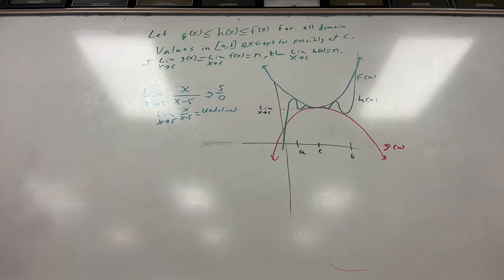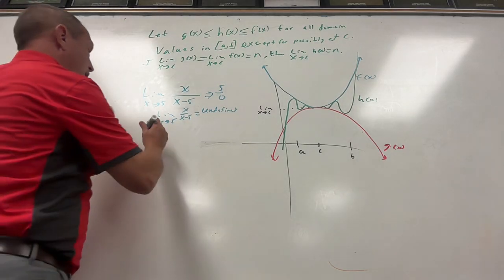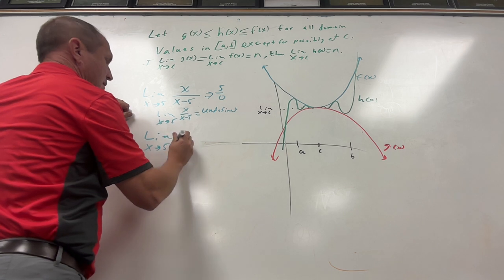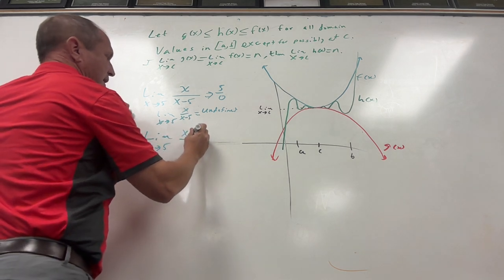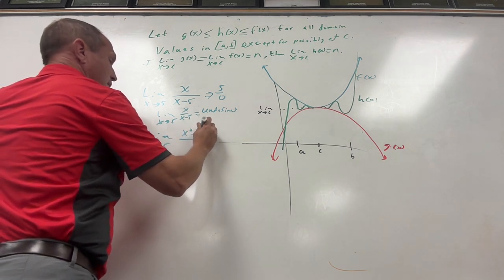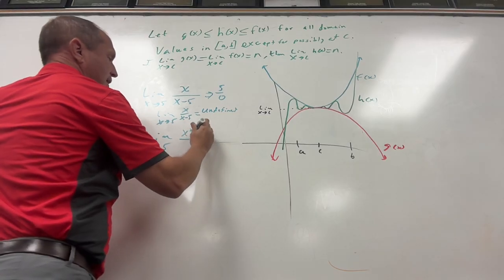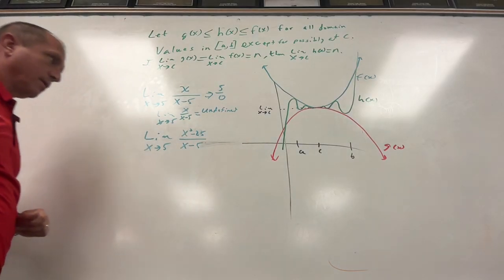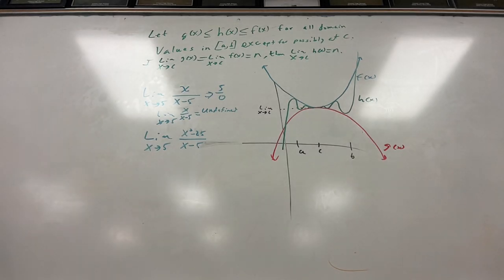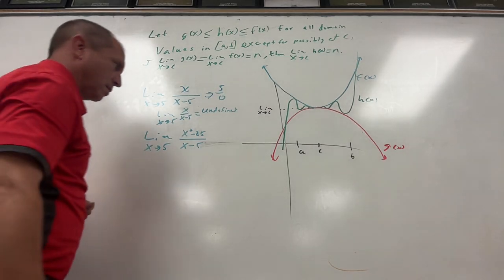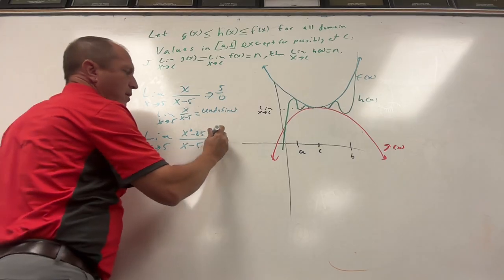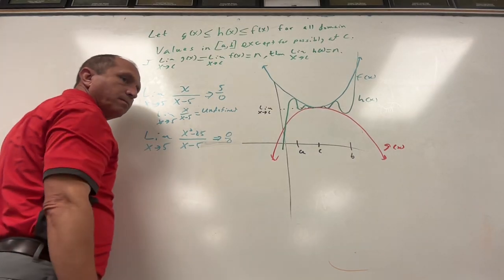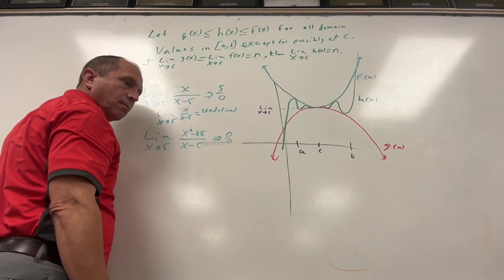All right. Now, we also ran into a scenario, and I know this was not the exact problem, but just for the sake of time, we might have had x squared minus 25 over x minus 5. In this case, if we plug in 5, it yields a 0 over 0 result.